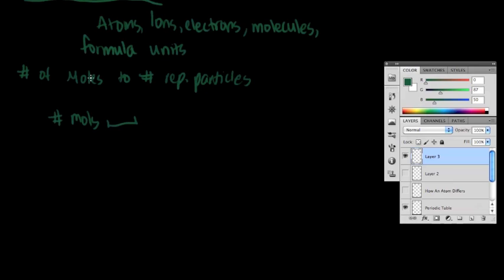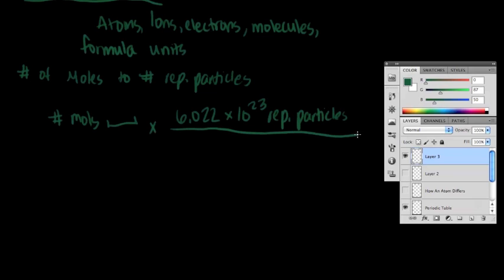Don't forget to label. I always get points off for labeling, so I don't want you to make the same mistake. Times 6.022 times 10 to the 23 representative particles over 1 mole. Then you cancel out the moles, and now you have the number of representative particles in the substance you started out with.